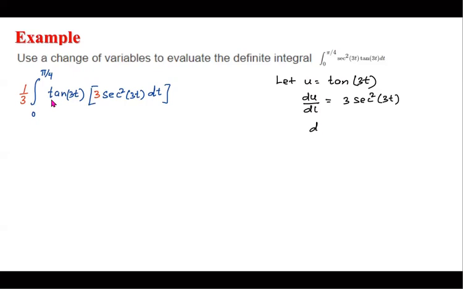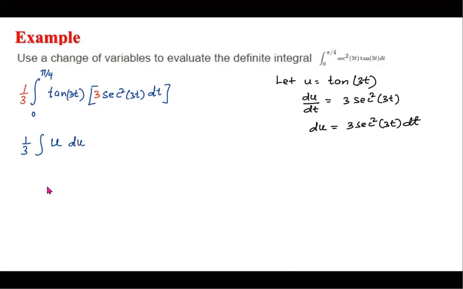If you multiply by dt on both sides, du equals 3 secant squared 3t dt, which is the second bracket here. So now there are a couple of things that we need to take care of here. 1/3, and then tangent 3t is simply u, and this one is du.